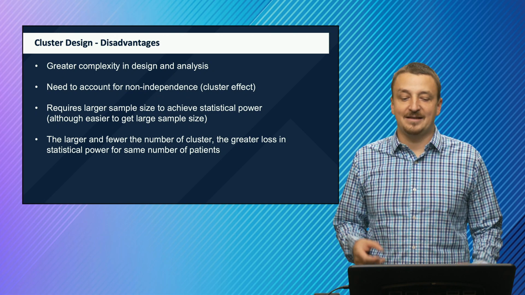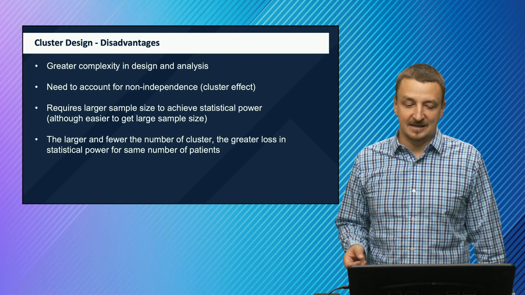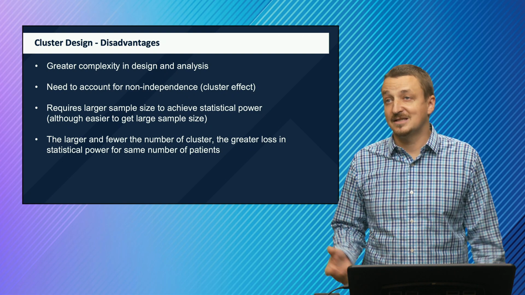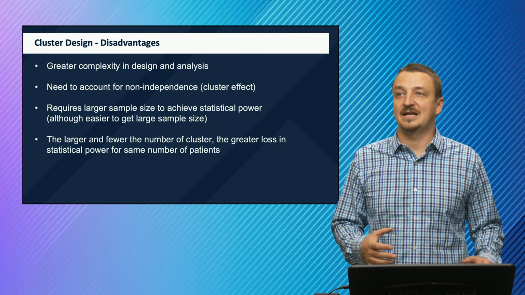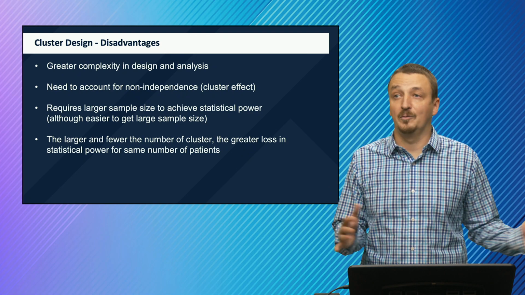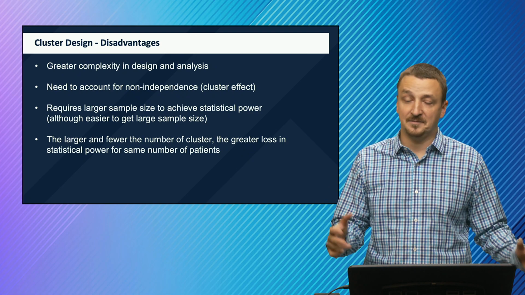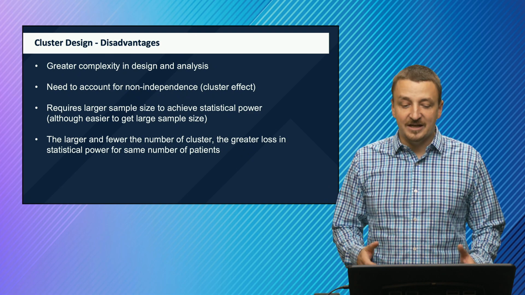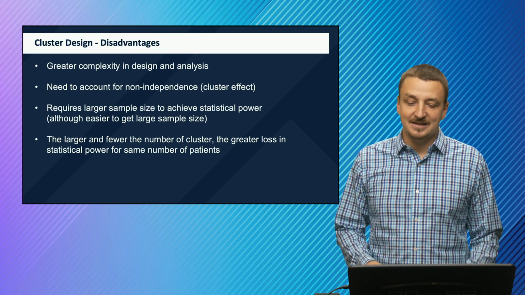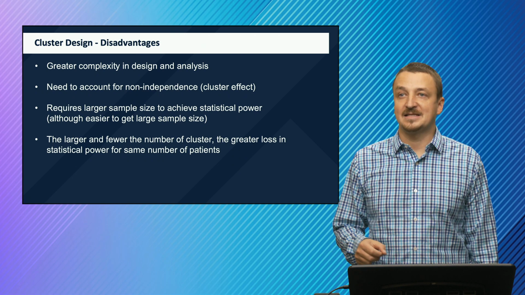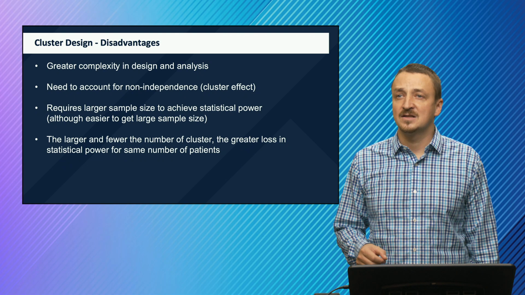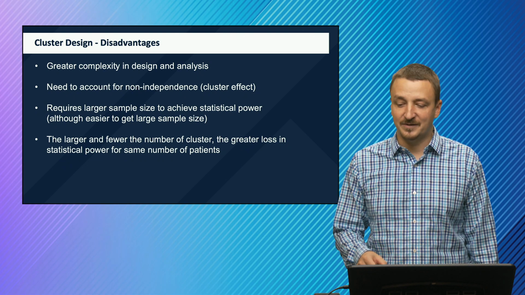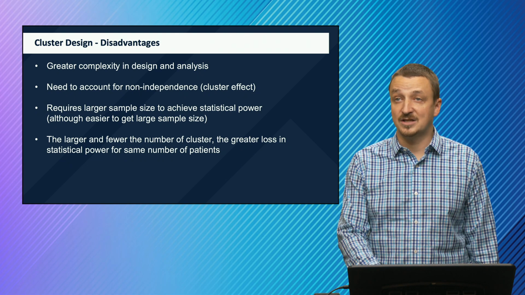It also requires a larger sample size to achieve statistical power, although of course it's much easier to get a large sample size once you randomize a whole baseball team, for example, or a whole clinic. And the larger and fewer the number of clusters, the greater is the loss of statistical power for the same number of patients. So you want to make sure you have a good number of different clusters when you do such a study.